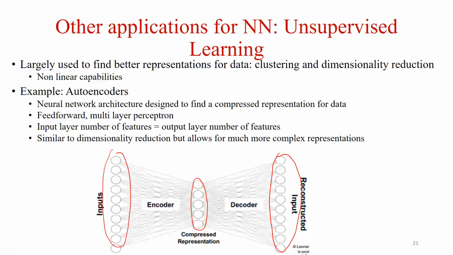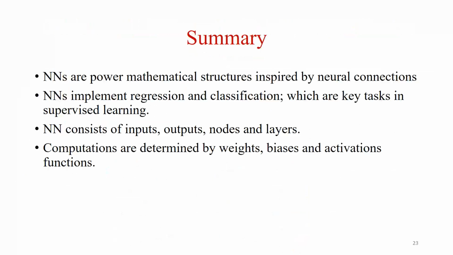And in essence, what you are doing is dimensionality reduction. You are encoding, okay, and then you are expanding back. So you have the capability of a neural network to help you to encode or perform dimensionality reduction on your data. There's another application here. I will leave it for you.